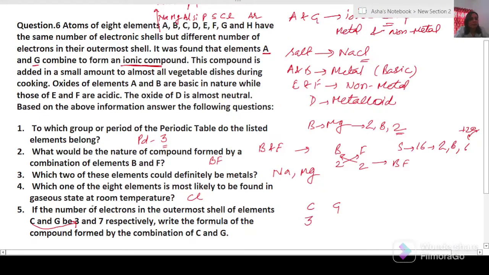And if G is having 7 electrons in its outermost shell, then it is in need of 1 more to complete its octet, so it will be accepting 1. So this is its valency, that is the valency of G. Now this 1 will go to C and this 3 will go to G, and therefore it will become CG3. The compound will become CG3, right?